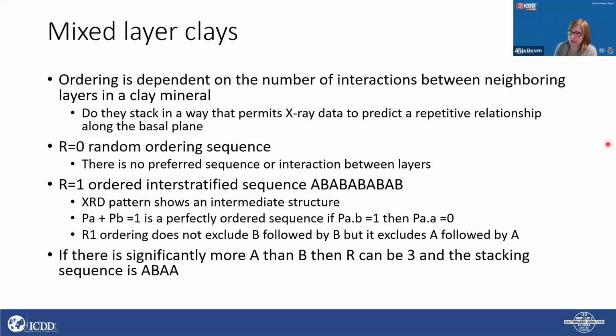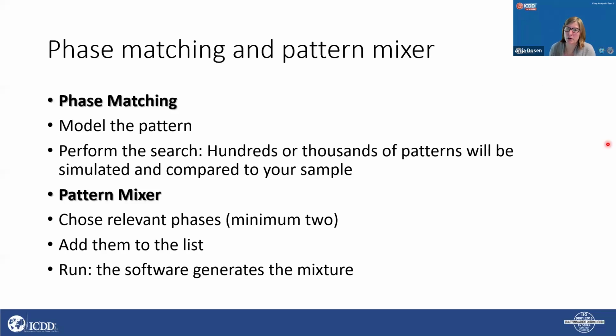If we have a perfectly ordered sequence, then the probability of layer A followed by a layer B is 1, and the probability of layer A followed by a layer A is 0, meaning A can never follow A. However, if we have a 70-30 mixture, then we have more B than A, which means that A cannot follow A, but B can follow B. So we can have higher stacks of B, and A will always be followed by B. It follows that kind of logic. It is a little bit abstract, but it follows a logic.